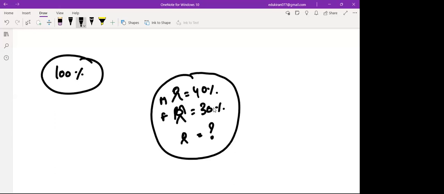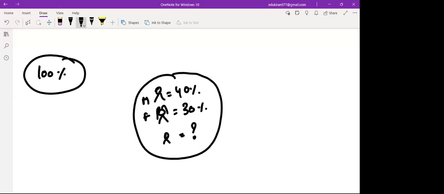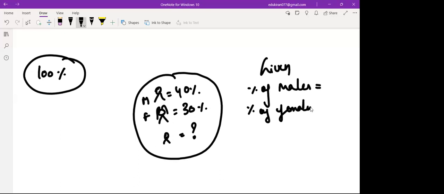So first of all, you should know how you would write this, like how you would solve it. First of all, you will write given. What is given to you? So you will write percentage of males, percentage of females, right? So males is 40%, females are 30%, right?